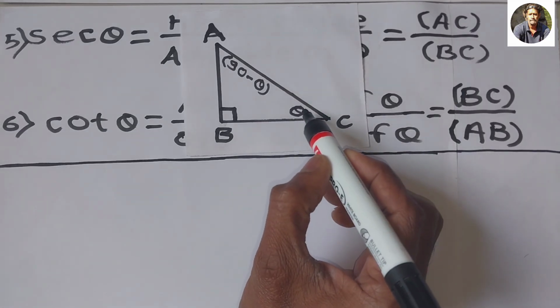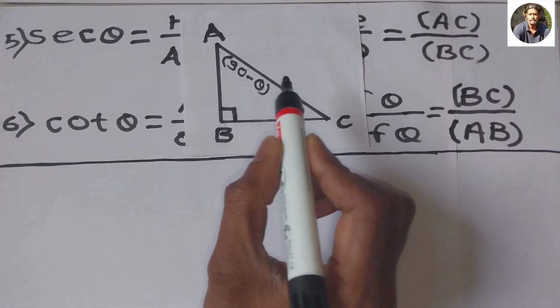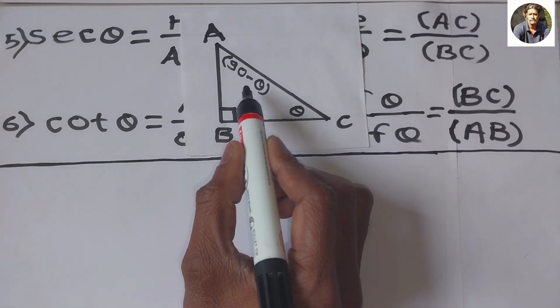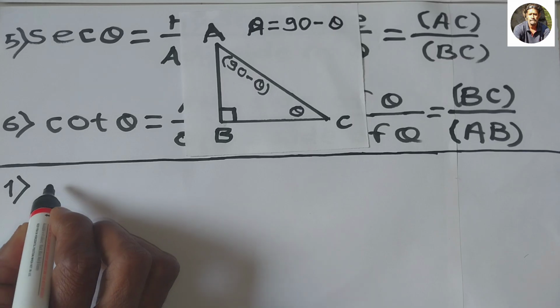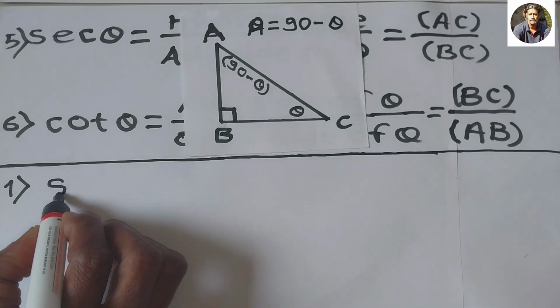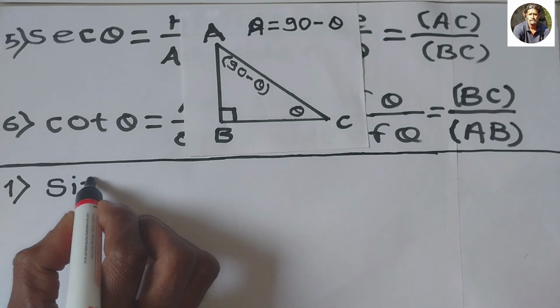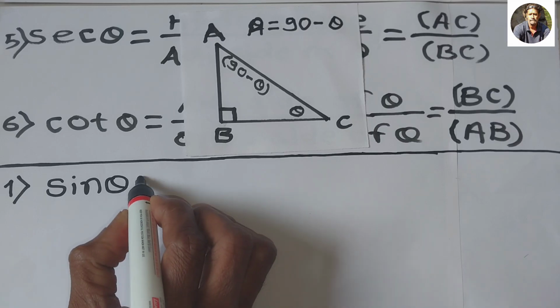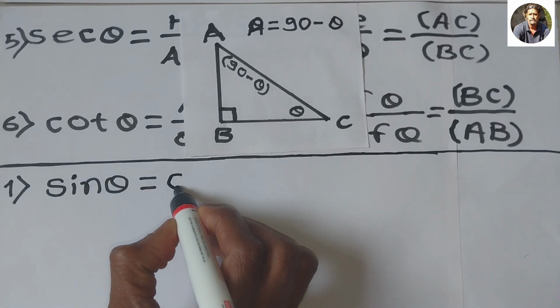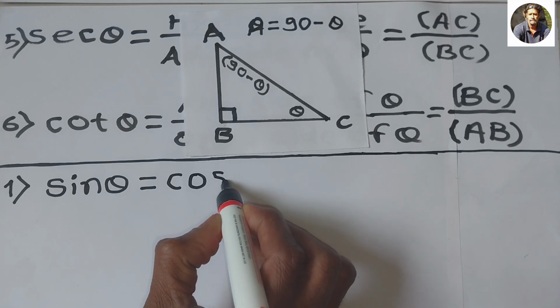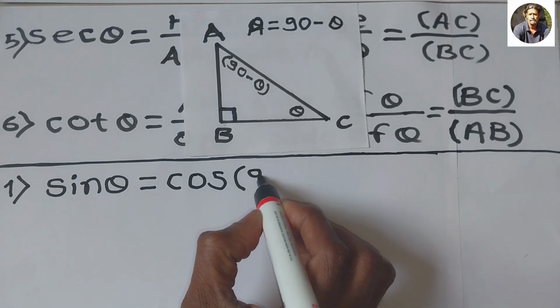When we take angle C is equal to theta degree, then angle A is equal to 90 minus theta degree. Sin theta is equal to cos 90 minus theta.